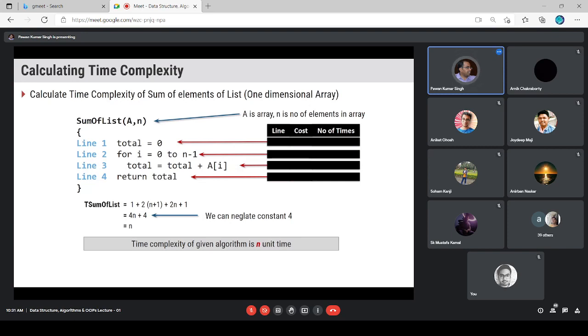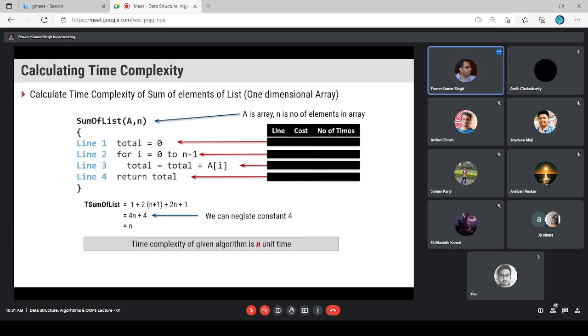For the third line, the cost is also 2, since there is an equals to and an addition, and the number of times it will run is n times. For line number 4, the cost is 1, and the number of times it will iterate is also 1, because it is returning.